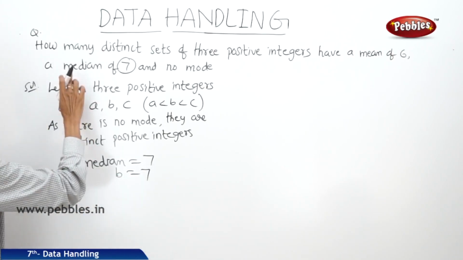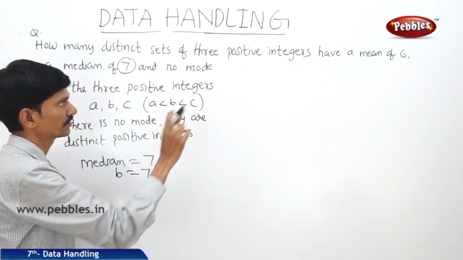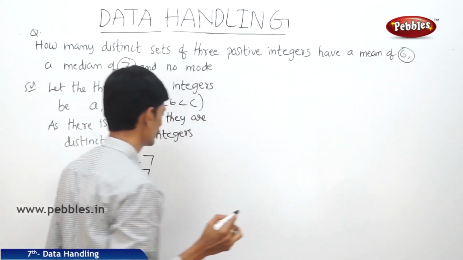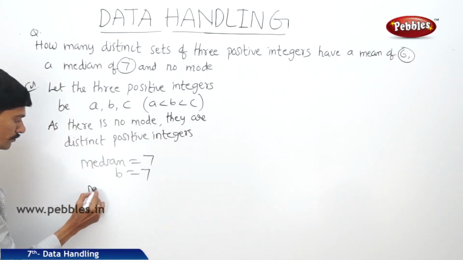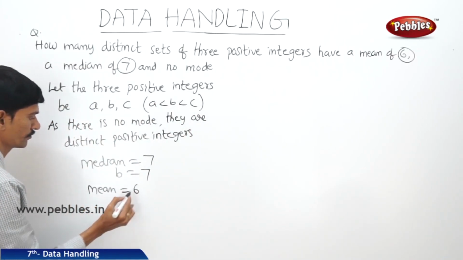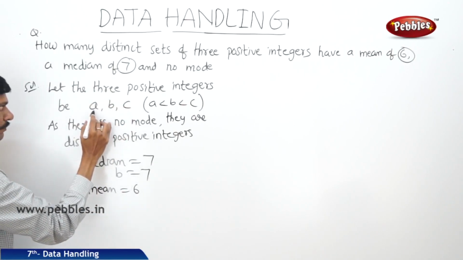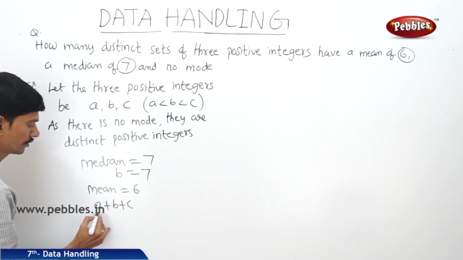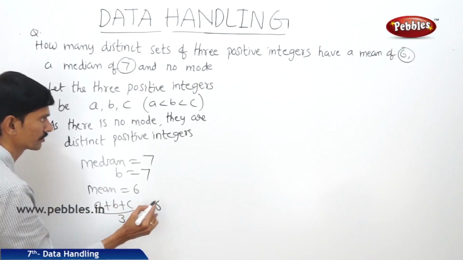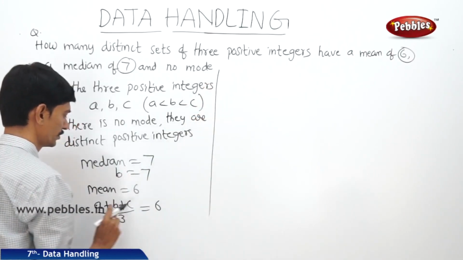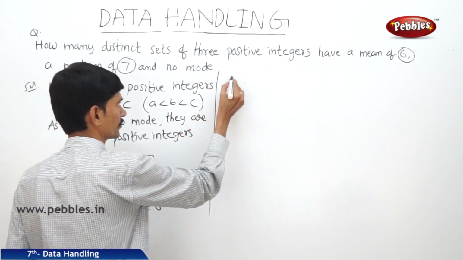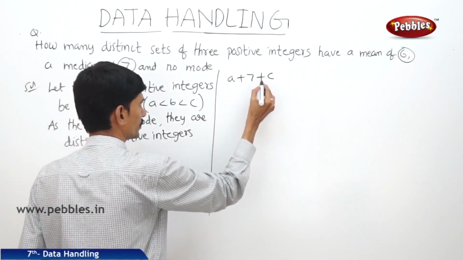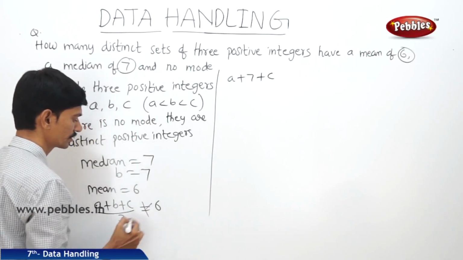Now the mean is 6, so the mean of the 3 observations, (a plus b plus c) by 3, equals 6. The b value is 7, so a plus 7 plus c, by cross multiplication, 6 3s are 18.